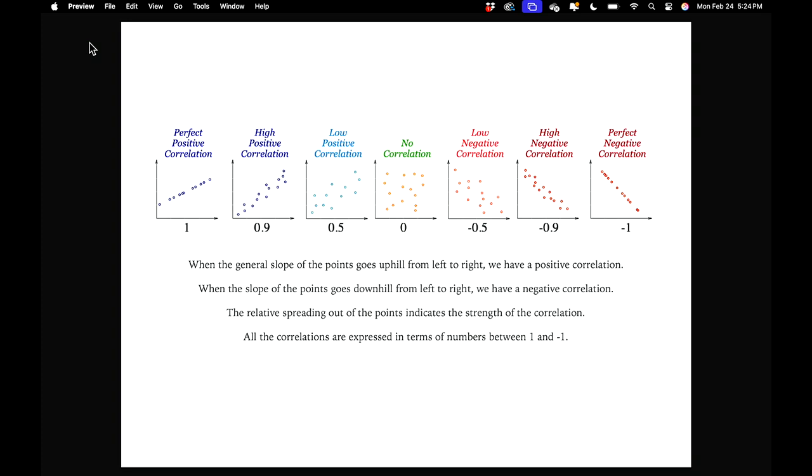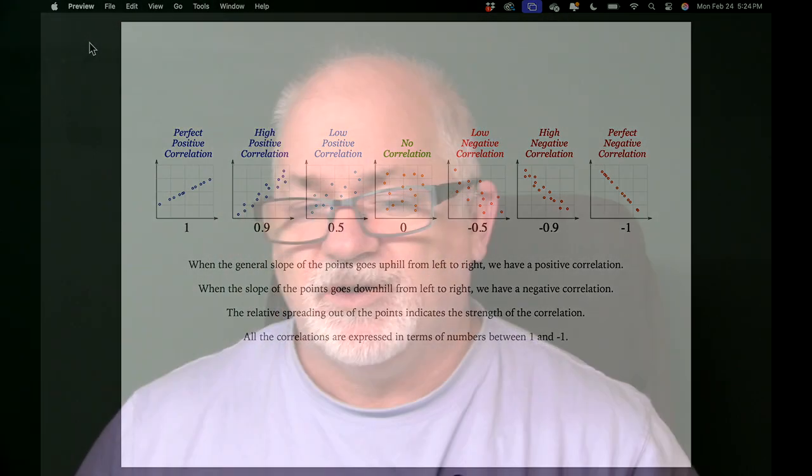And then we start to see the line tilting the other way, where we have values in the upper left quadrant and then a concentration of values in the lower right quadrant. And we have a negative 0.5, negative 0.9, and -1. Negative, again, we're looking at mathematics here.